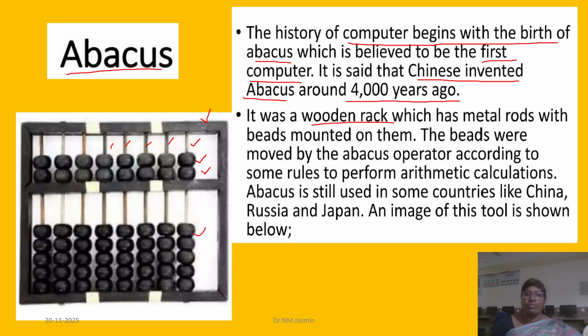The beads are moved by the abacus operator according to some rules to perform arithmetic calculations. Still, this abacus is used in some countries like China, Russia, and Japan.